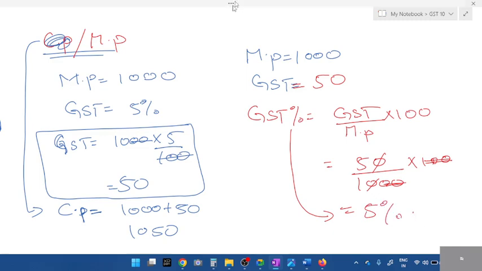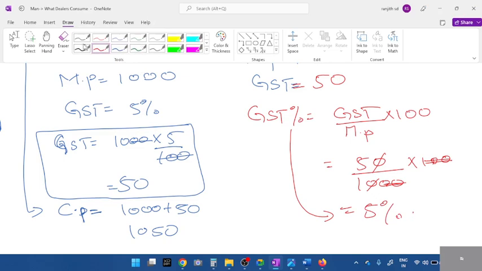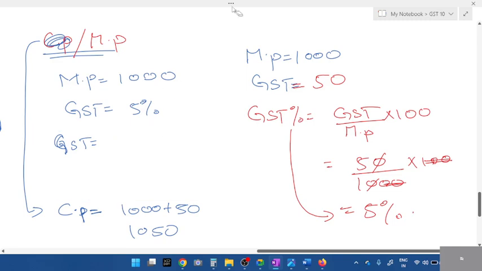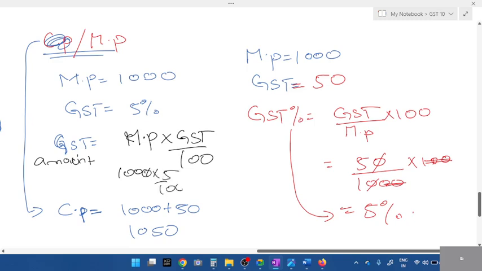So these are the formulas, students. If you want, write it, make a note. Just to find GST in rupees, if you want to calculate the GST amount, the formula is mark price into GST divided by 100. So 1000 into 5 divided by 100. We got 50.